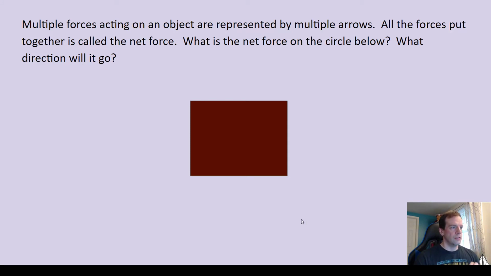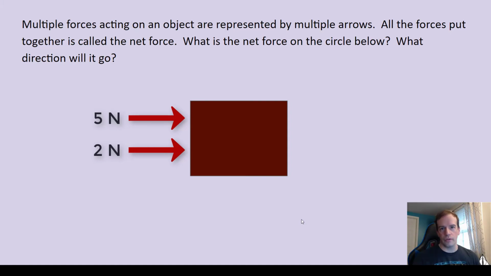So let's look at an example with a whole bunch of forces on one block and determine the net force. In this case, we will have 5 newtons to the right and 2 newtons to the right, but we'll have 3 newtons to the left. What is that final force going to be?